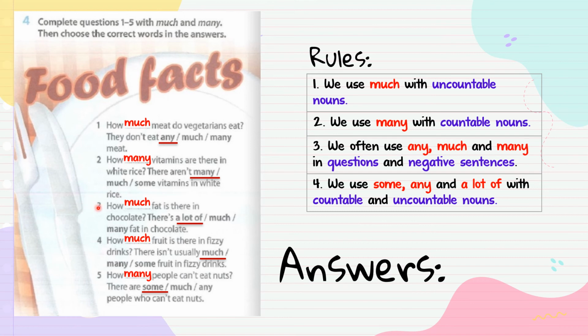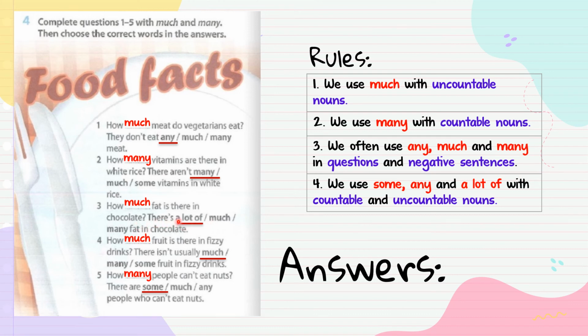Okay, the third one. How much fat? Okay, the reason why I chose much is because fat is an uncountable noun. Kita tak boleh kira lemak tu berapa banyak. Okay. Let's look at the second sentence. There's a lot of, much, many fat in chocolate.